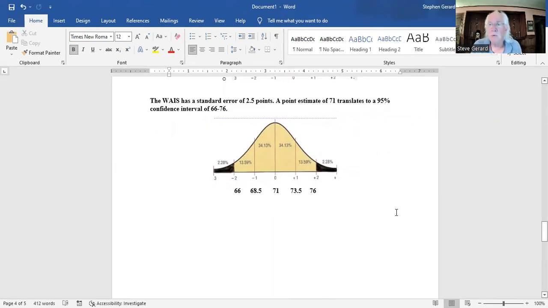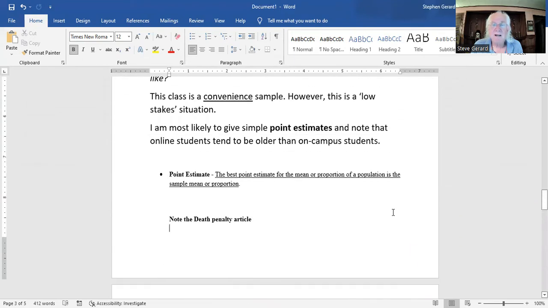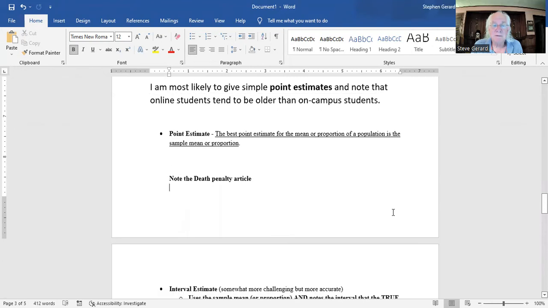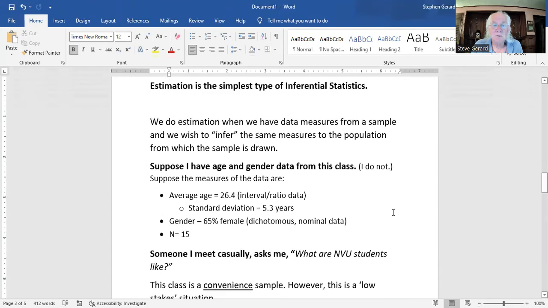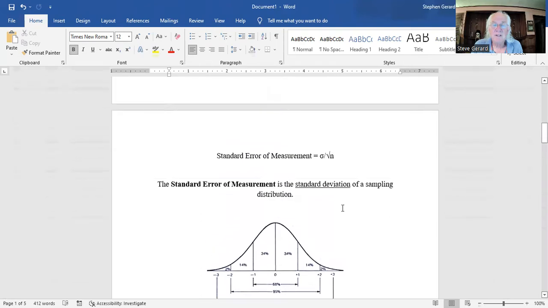Because when we do tests or any sort of estimate of something, there's always some variation. And how much variation? Now, let me come back. The standard deviation is sigma divided by the square root of n. For something like the WAIS, n is a pretty big number.